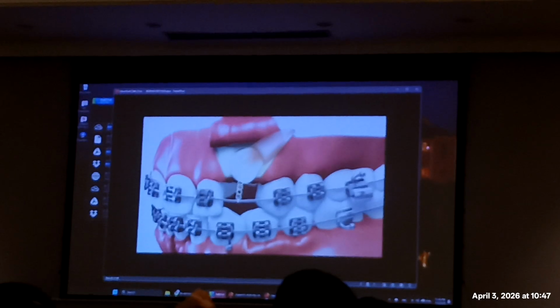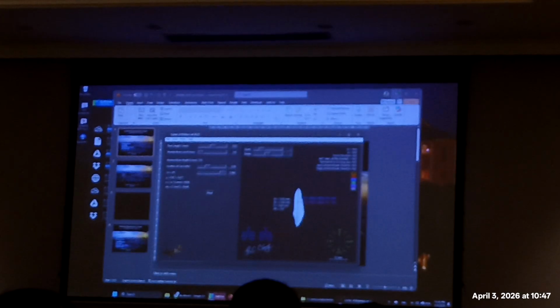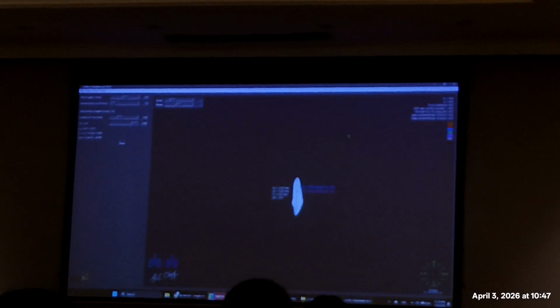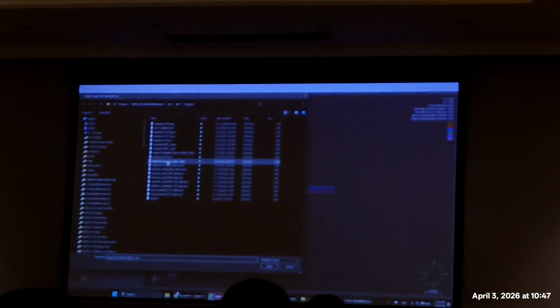So I open up the center of rotation calculator here, okay? I already saved it, so I'm going to open it. Import JSON. This is the surgical open case here.